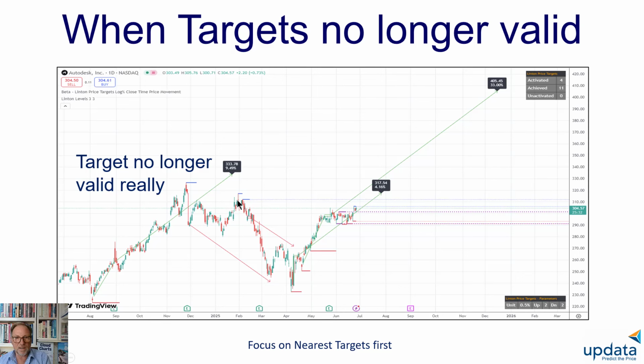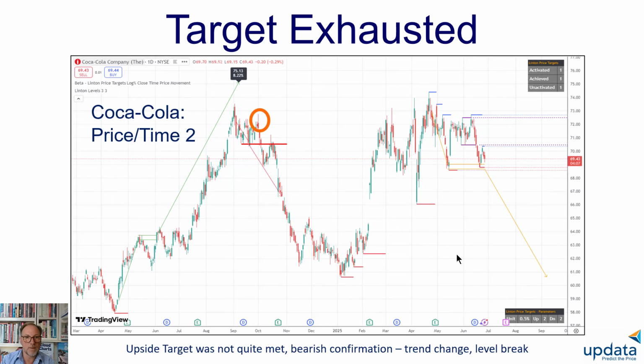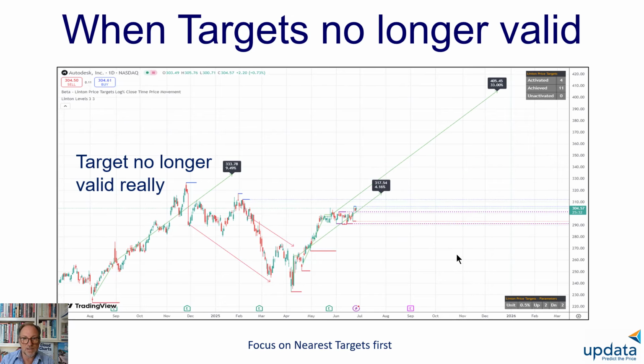And if we break these levels, of course, if we break to new highs, then we really start to look at these targets. Note this target here is quite close to the previous level of resistance. So in fact, very close to that level of resistance. And that often happens. We focus on the nearest targets first. This target is the one we're really focusing on. We always like to say, I bet you a lot of money that this one will be met before that one.